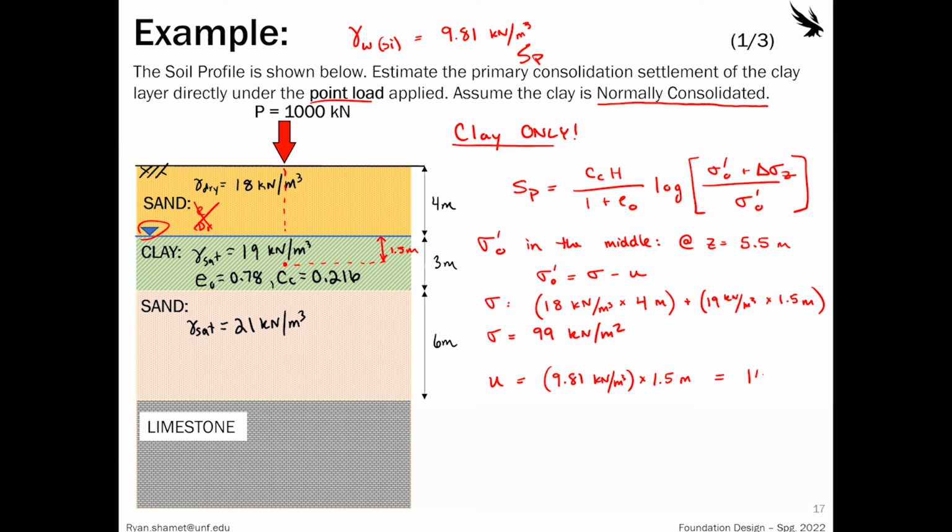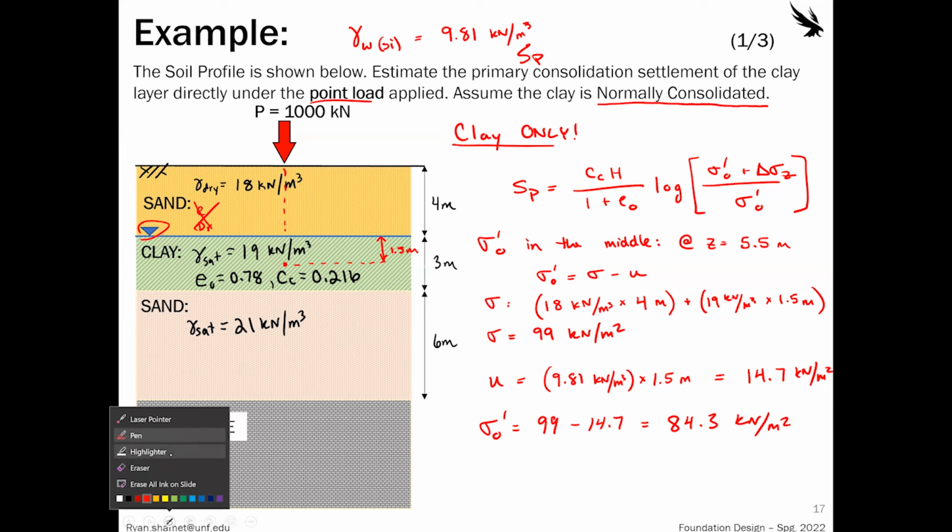And that should be close to 14.7 kilonewtons per square meter. So our total effective vertical stress is equal to 99 minus 14.7, which is 84.3 kilonewtons per square meter. Okay, so this is something that we will write down and remember.